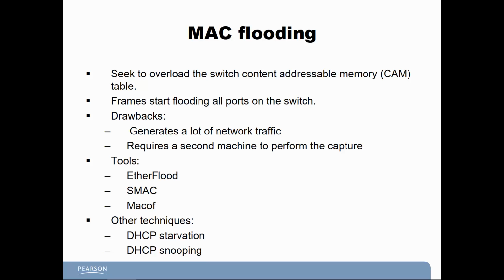Tools that do that could be like Etherflood or SMAC or things like that. Also dealing with this, besides MAC flooding, we could also do DHCP starvation so that we run out of IP addresses.